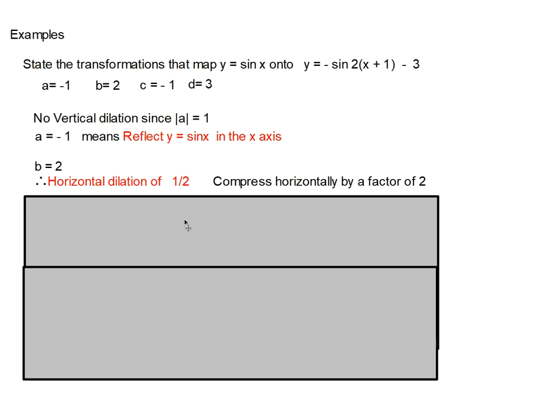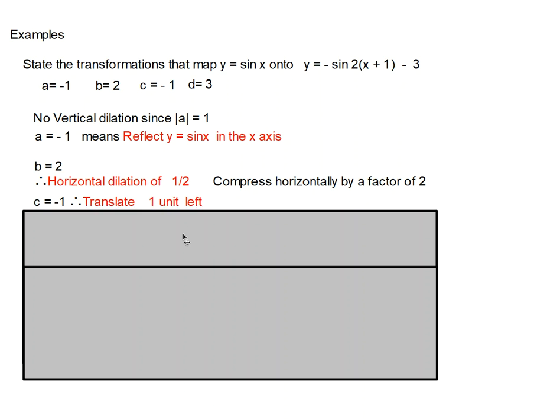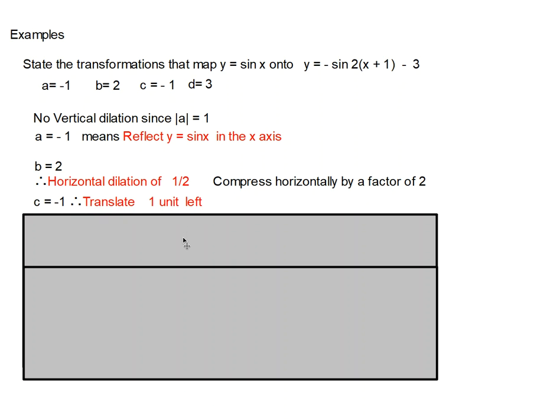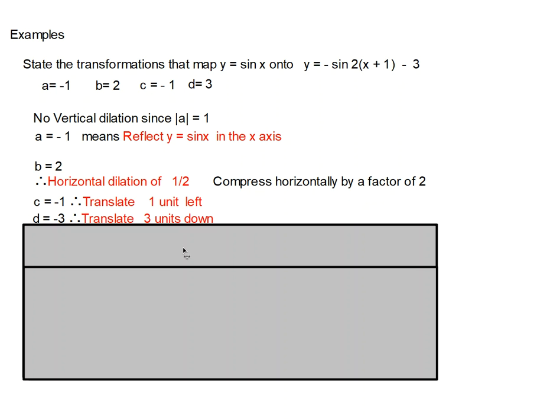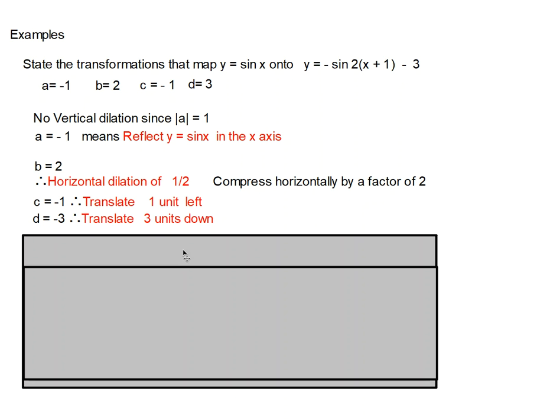B equals 2 means that we horizontally dilate by a factor of 1/2, or compress by a factor of 2. C equals -1 means we translate 1 unit left, and D equals -3 means we translate 3 units down. In red are what your answers should be, the transformations that map this into this. So there's that one done.